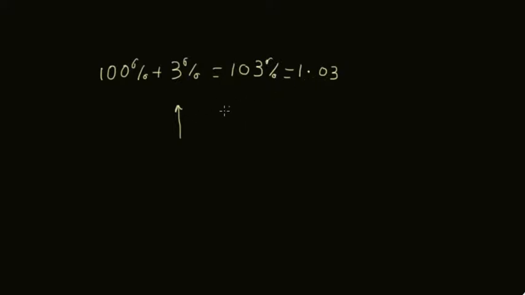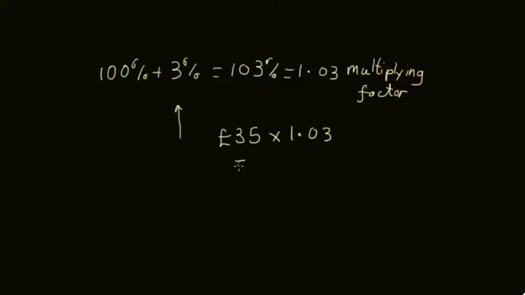So it's 1.03, and this is the multiplying factor. So if we take the £35 times 1.03, that would give us £36.05.